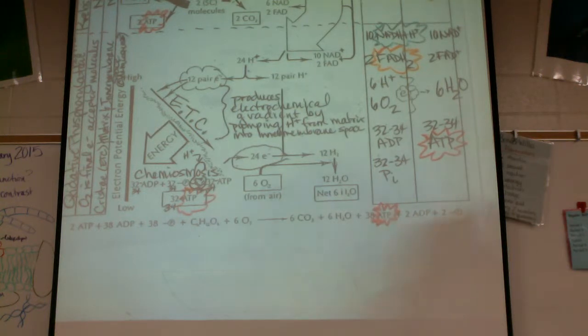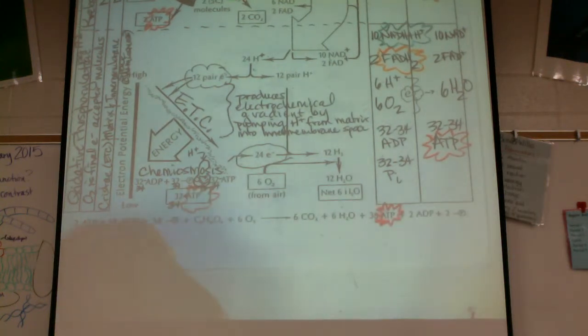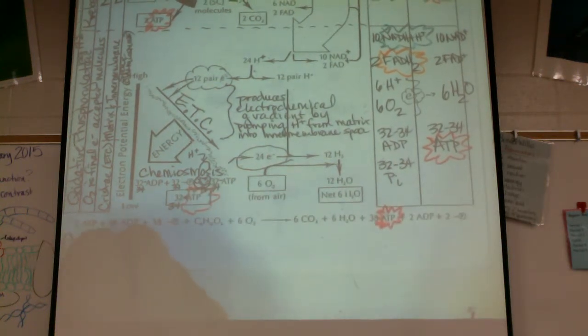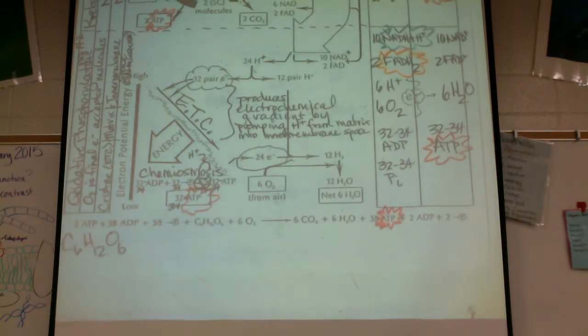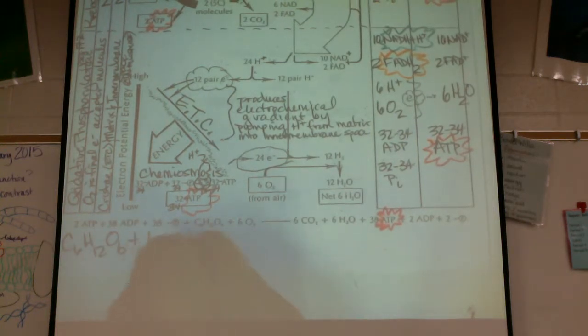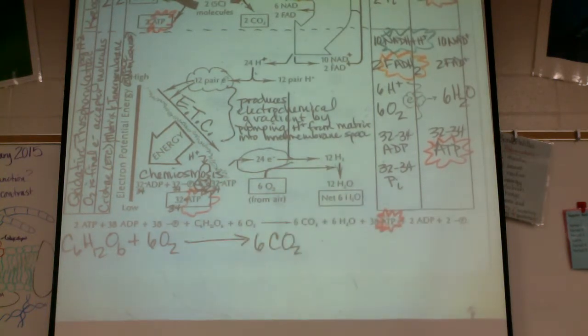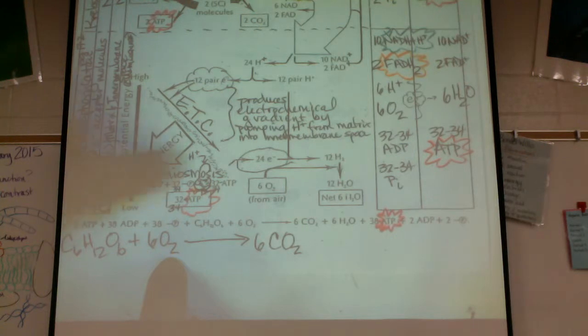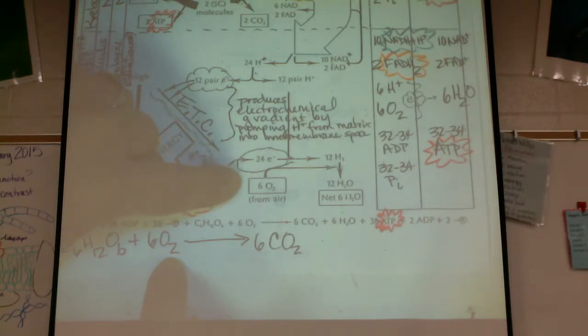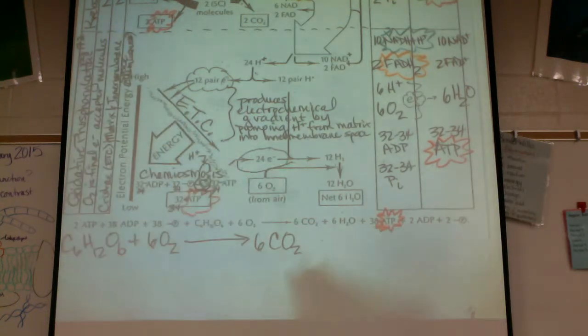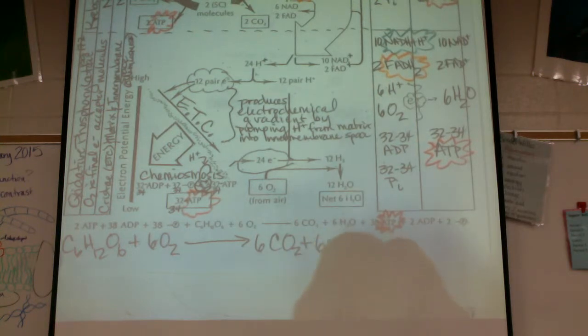We can write that more simply by saying we start out with glucose, C6H12O6, plus 6 O2s will get you 6 CO2s. Remember, these are the oxygens that are needed for the link reaction, as well as oxidative phosphorylation when it comes to being the final electron acceptor molecule. We're also going to get some 6 H2O.